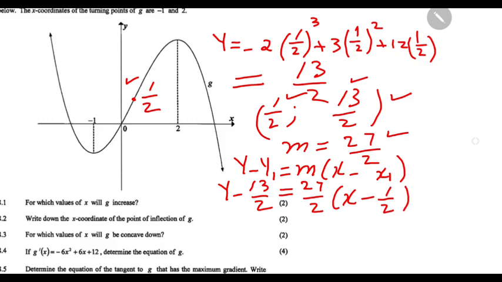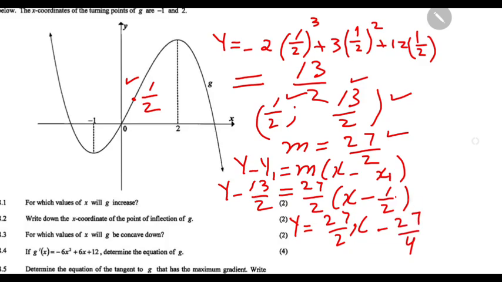Now I'm going to solve. So y = 27/2 x; I use my calculator and multiply 27/2 inside, it becomes 27/2 x - 27/4.